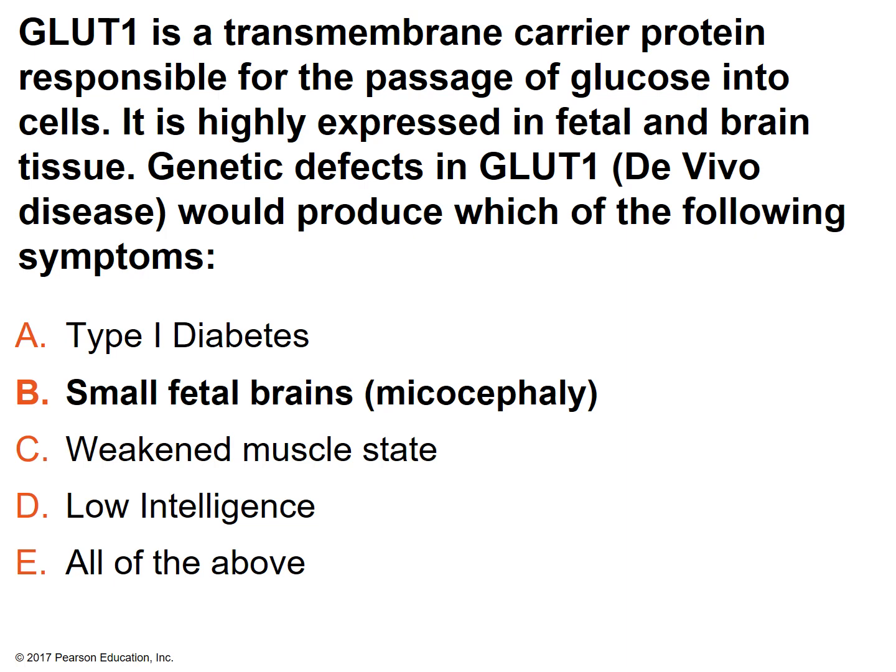So that leaves us with either small fetal brains or low intelligence. Although it is true that children with De Vivo disease do have low intelligence, this is due to the fact that they have very small brains. Expressed in fetal tissue means that there's very little energy available to a growing fetus, with a lot of cells growing and dividing.